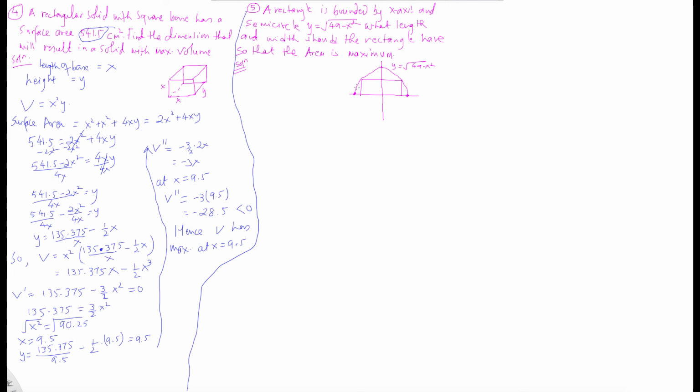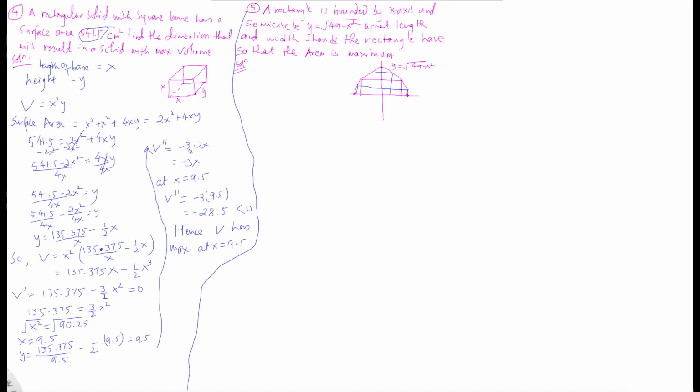You can make a rectangle like this, another rectangle could be like this. But what you need is the rectangle with maximum area. So what should be the length and width so that the area is largest? That's what it is asking for.